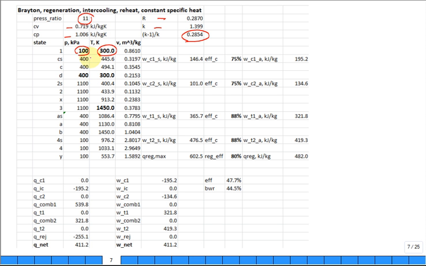So I know there's state C, there's state D, there's state 2, there's state X, there's state 3, there's state A, there's state B, there's state 4. This notation, I'm trying to be consistent with the book, and then state Y. Specific volume column I don't really need at all. I just like to put it in and look at them and see if things are reasonable. But the pressures are straightforward.